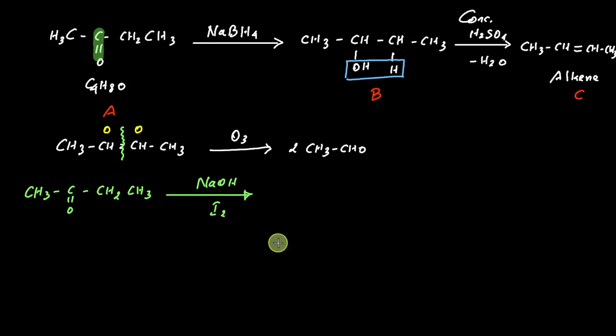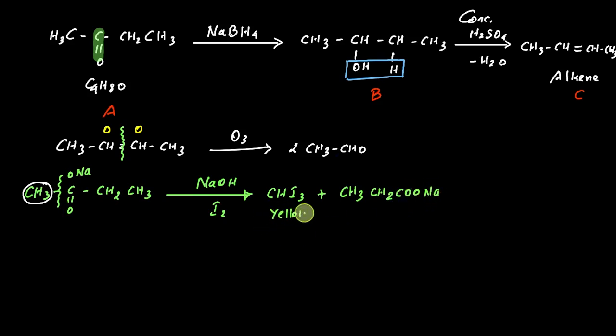Students, what we need to do is just convert the CH3, which is adjacent to C double bond O, into CHI3 and break this bond here. Add ONa to the other side. You will be getting CH3CH2COONa. Clear? This one having yellow color is the precipitate.